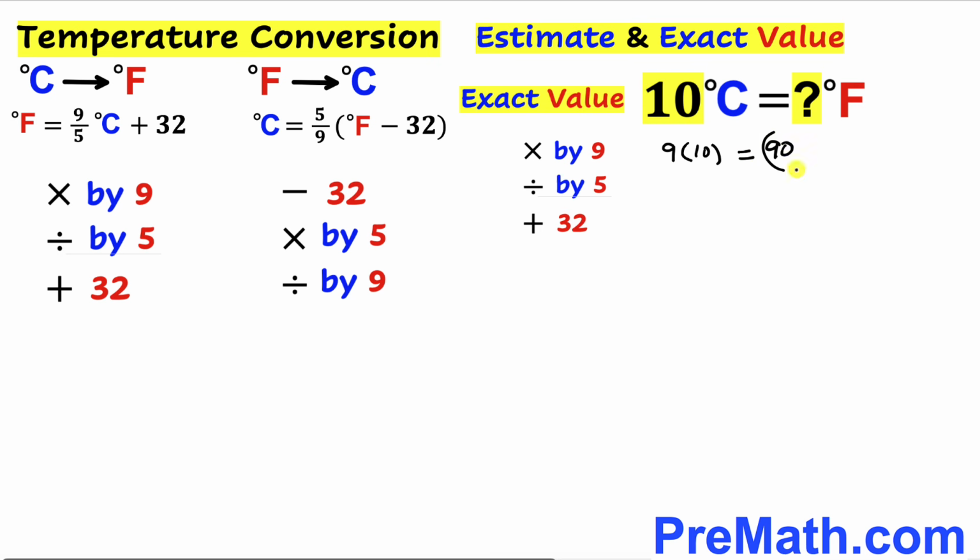And then 90 divided by 5 is going to give us 18. And finally, 18 plus 32. And if we add these numbers, we are going to get 50 degrees Fahrenheit. So therefore, 10 degrees Celsius converts to 50 degrees Fahrenheit, and that's our exact value.